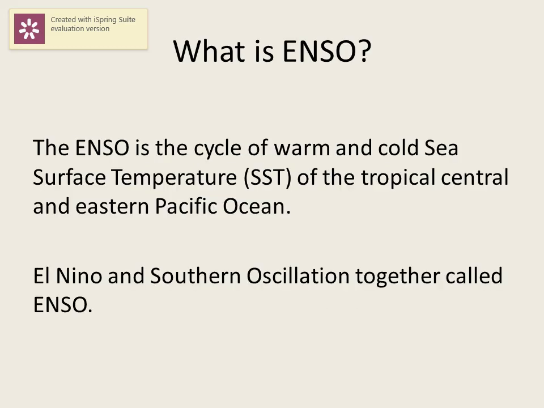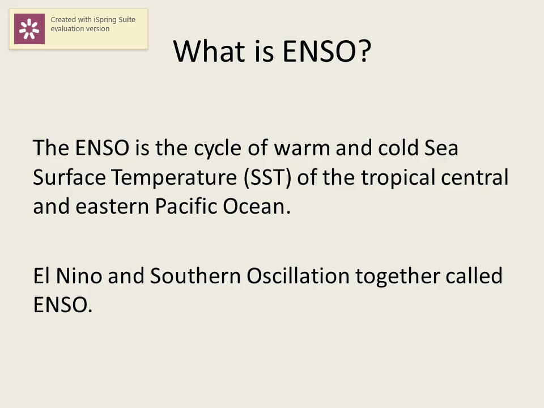So, what is ENSO? ENSO is an atmospheric phenomenon which involves a cycle of warm and cold sea surface temperature cycles, wherein the sea surface temperature rises and goes below the average temperatures of the region because of this effect of ENSO.